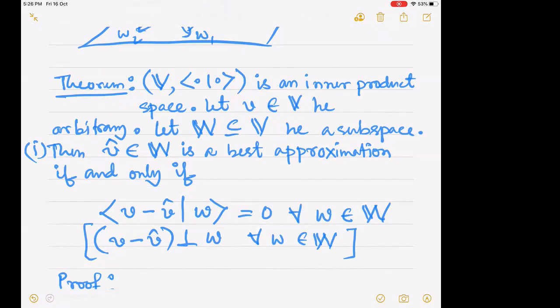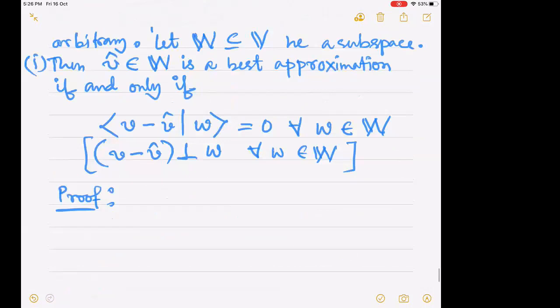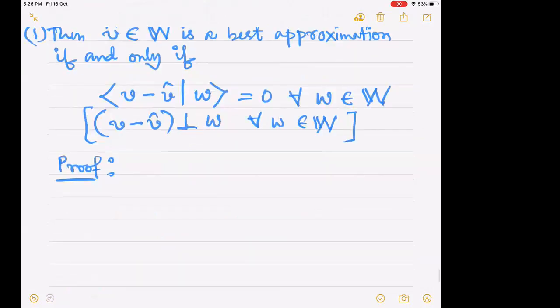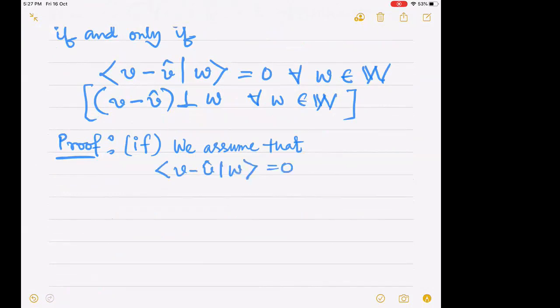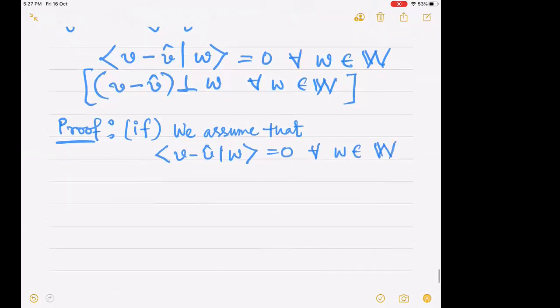Now, here is the thing. Why should this be true? How do we prove this? It turns out that one direction is simple, the other direction is difficult. So first we prove the if direction. Here we assume that the inner product of v minus v hat with w is equal to 0 for all w in W. This is what we're assuming.